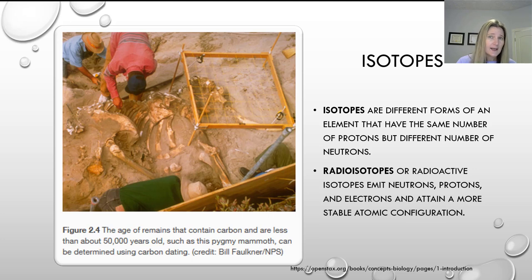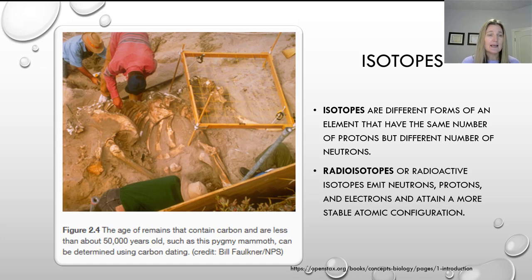But when we die, we're no longer bringing in more carbon-14 because we don't have a respiratory system, we don't breathe, we don't ingest carbon. So the amount of carbon-14 is fixed. Okay, we're not getting any more. And carbon-14 is a radioisotope, so it's going to naturally decay.